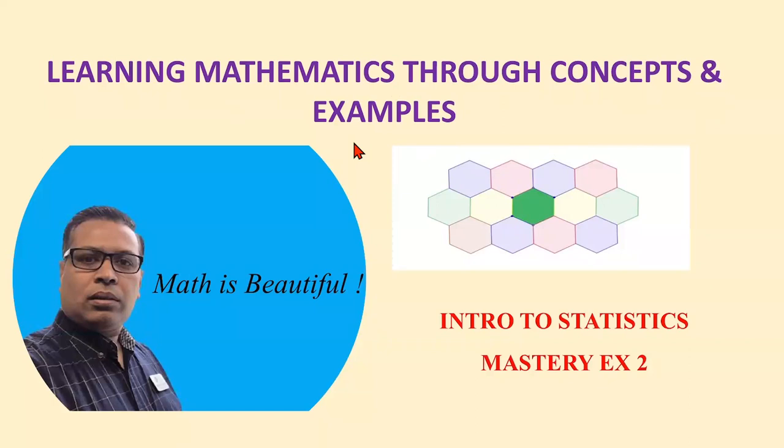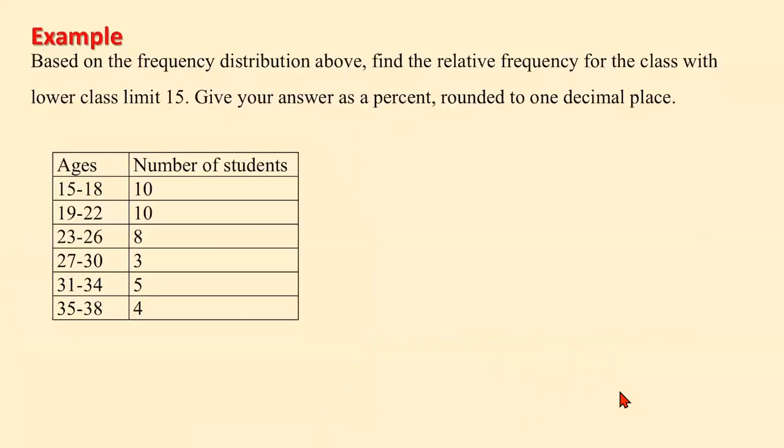In this video, we are going to solve Mastery Exercise 2 from your Intro to Statistics class. So let's begin with the example. Here is the first example. Based on the frequency distribution below, find the relative frequency for the class with lower limit 15.